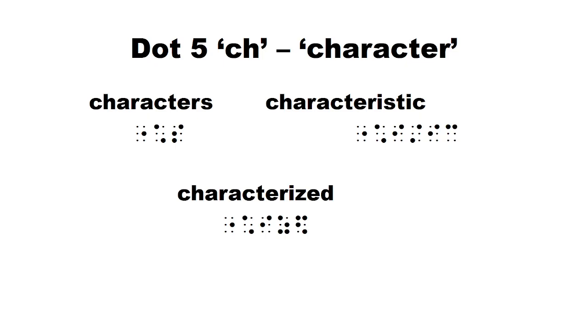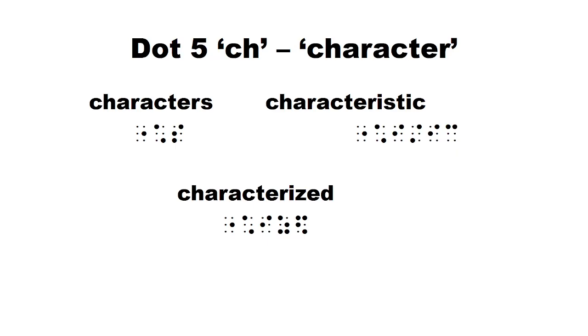Again, we can make use of the contraction for character, which is dot 5 and CH. Then you have letter I, the contraction for ST, which is dots 3 and 4, letter I again, and lastly letter C. So that's how you write characteristic if you know this contraction for character.